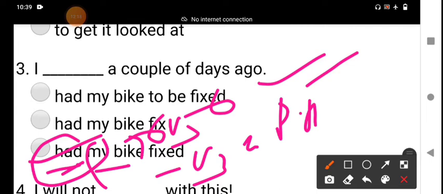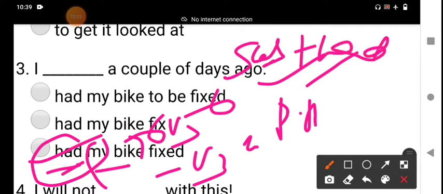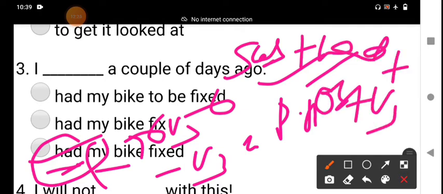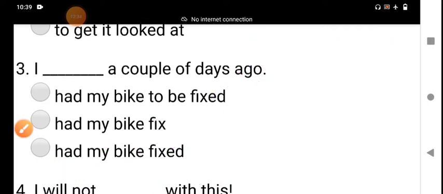I had my bike fixed. The structure is subject plus had, the causative verb, plus object plus V3. It has already been completed. Passive form, V3. And then we go to the fourth one.